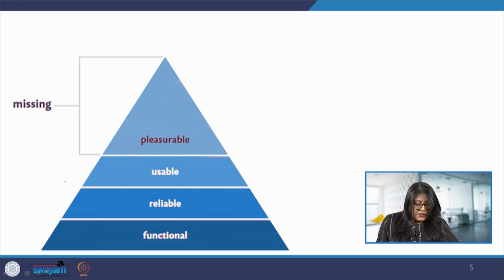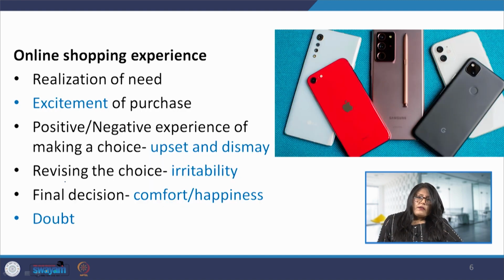Now, let us look at a small example from our daily lives, which is an online shopping experience. We could be shopping for a phone or a smartwatch or laptop or any other product that we use.